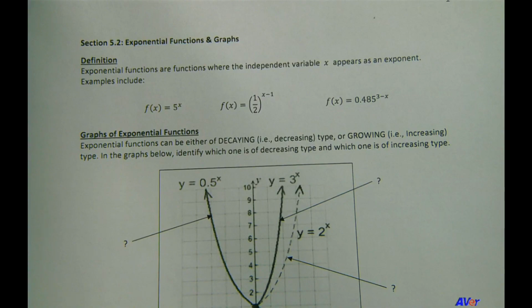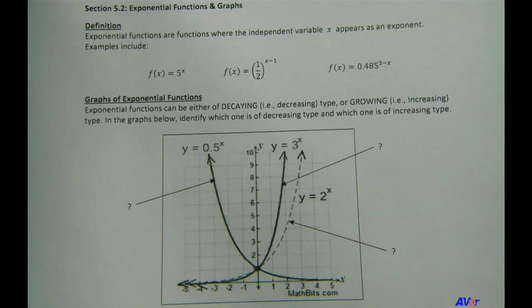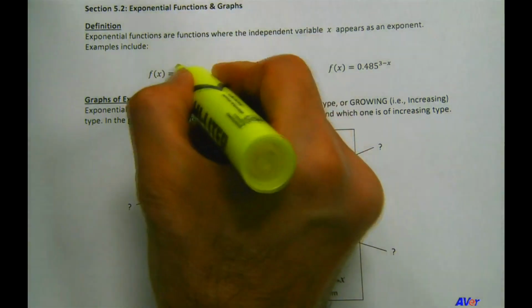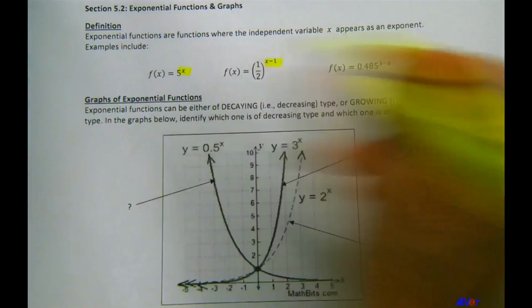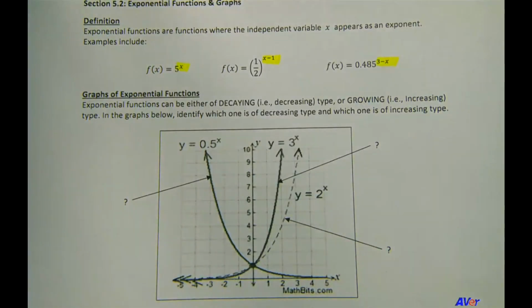So far, we always had a number in the exponent. But now, as you can see here on the screen, the variable x is appearing in the exponent of these functions. So for this reason, we call these exponential functions.